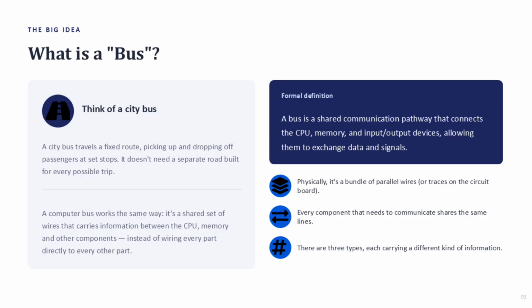Instead, computers use a shared communication pathway. This shared pathway is called a bus. A bus is a collection of electrical wires or printed circuit traces on the motherboard that allows different components to exchange information.